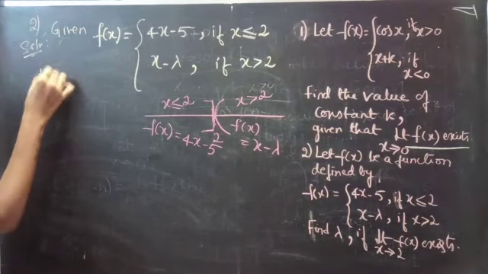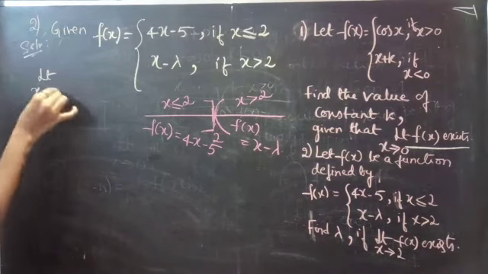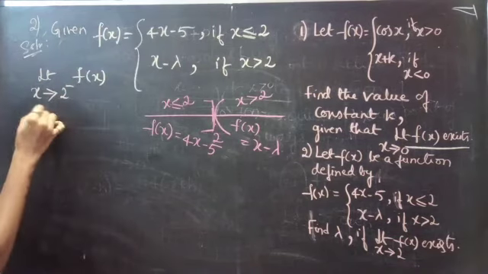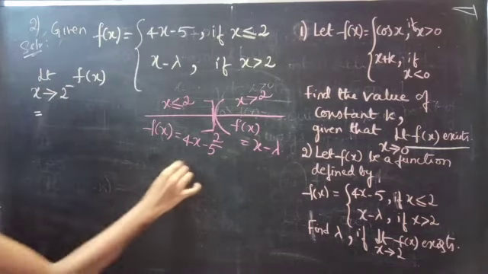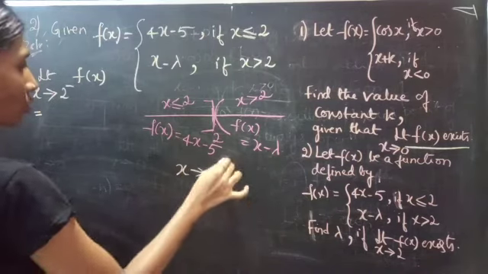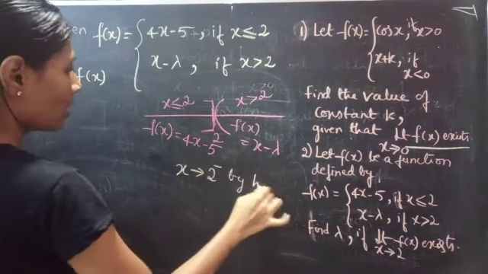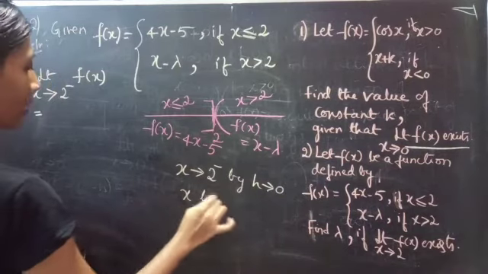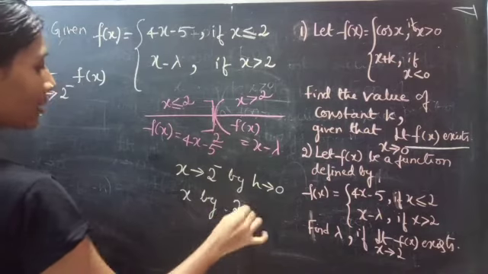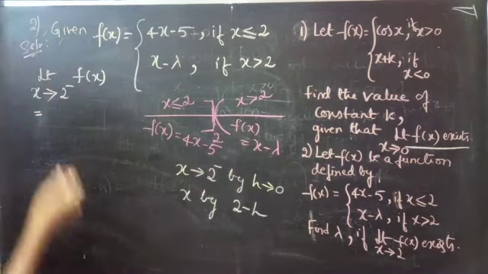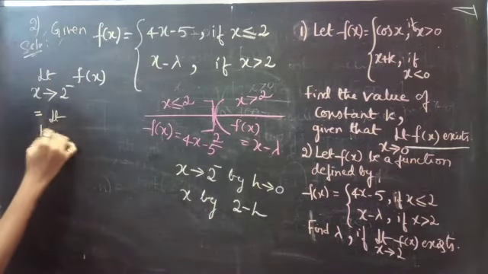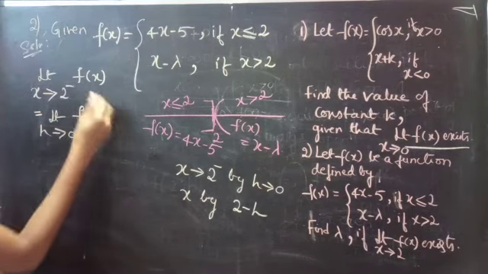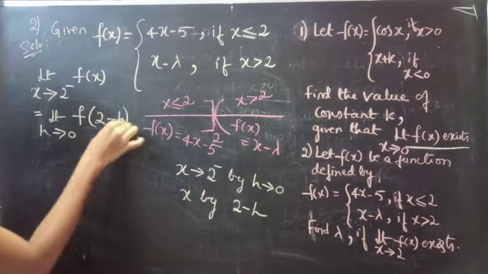So let's find the left hand limit. Limit x tends to 2 minus f of x equals, now replace x tends to 2 minus by h tends to 0 and x by 2 minus h. So limit h tends to 0 f of, now replace x by 2 minus h.